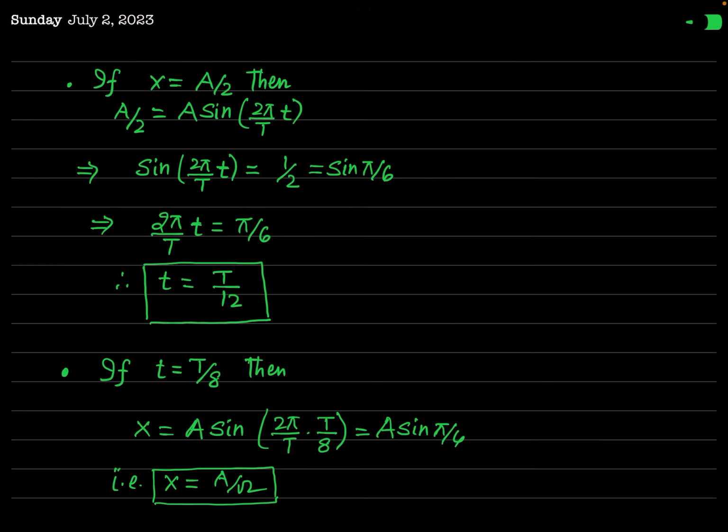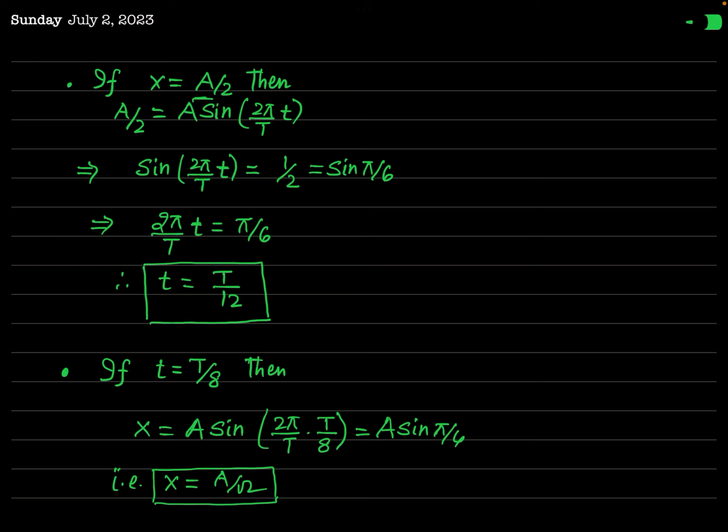So I have considered here, let us say, we know the value of x. Let us say x is equal to a by 2. It means the displacement is just half of the amplitude. And we have to find what is the time when displacement will be half of the amplitude.